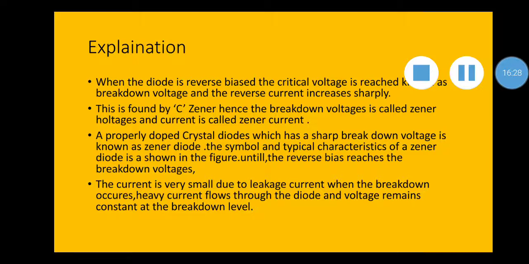Until the reverse bias reaches the breakdown voltage, the current is very small due to leakage current. When the breakdown occurs, heavy current flows through the diode and the voltage remains constant at the breakdown level.